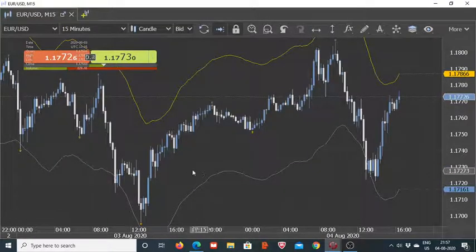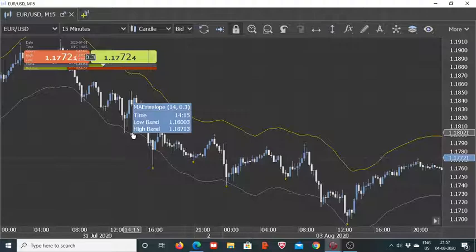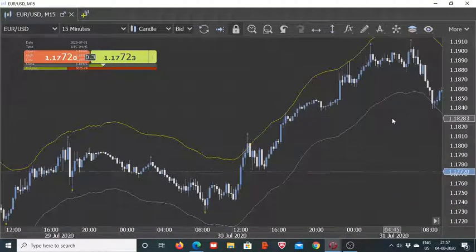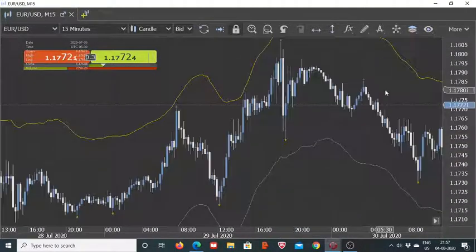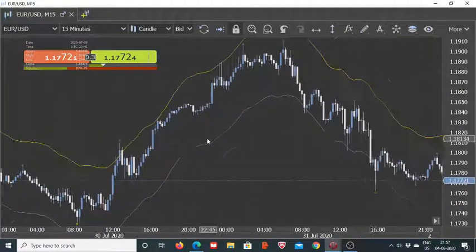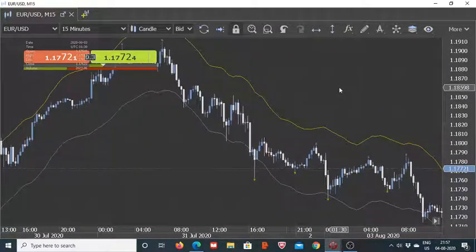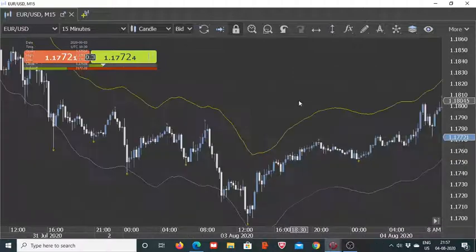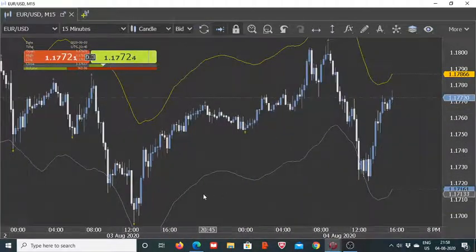Okay, and here the standard deviation is higher. It is 0.3, and on our Visual JForex platform we have kept the standard deviation 0.1 only.